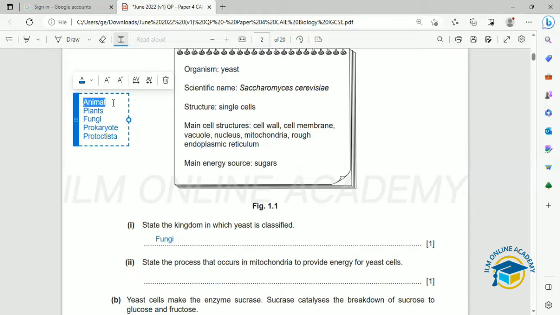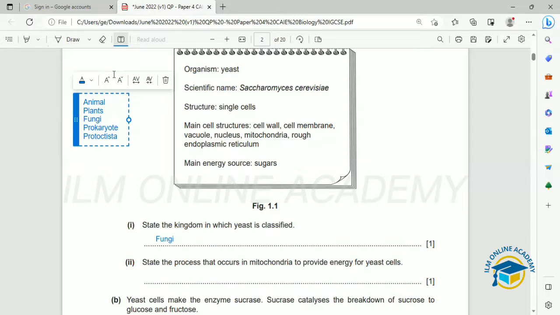The animals won't have a cell wall in their cellular structure. But fungi have a cell wall, which is different from the cell wall present in plant cells. Fungi have a cell wall made up of something other than cellulose. The cell wall in plants is made up of cellulose.